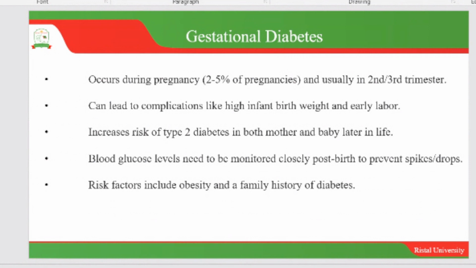So this one increases the risk of type 2 diabetes in both mother and baby later in life. Blood glucose levels need to be monitored closely post-birth to prevent spikes or drops of the glucose. Risk factors for this kind of diabetes include obesity and a family history of diabetes.